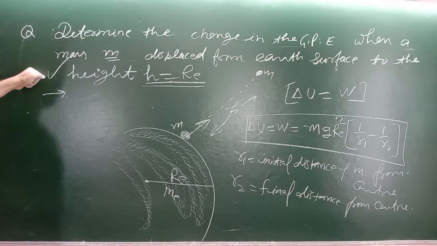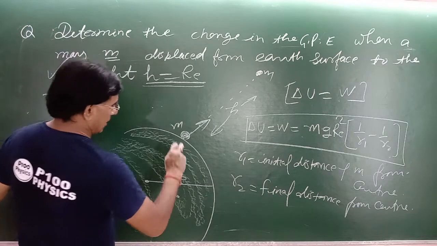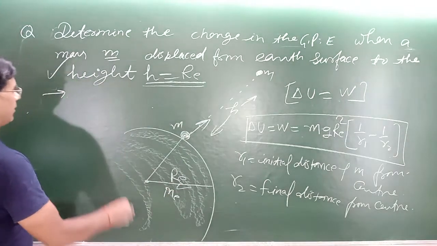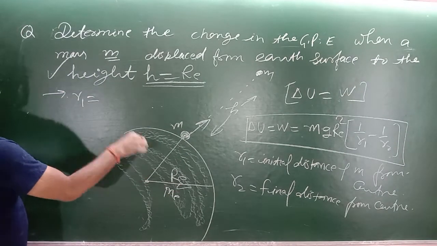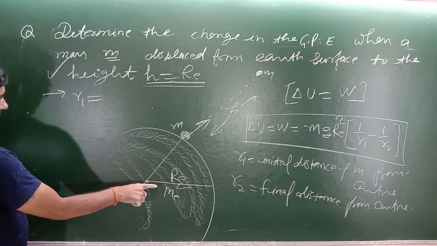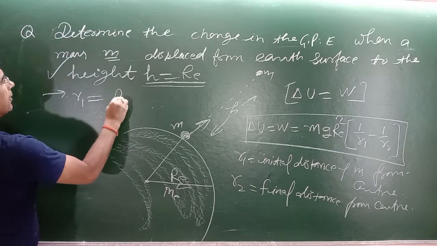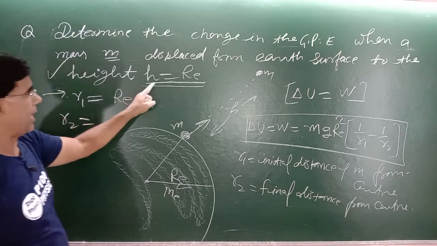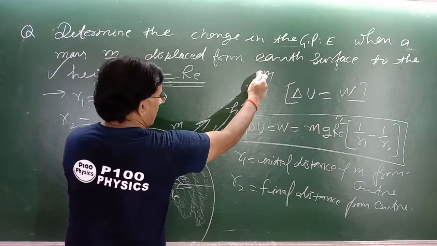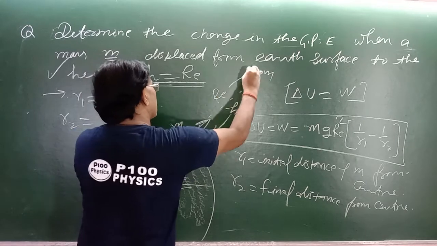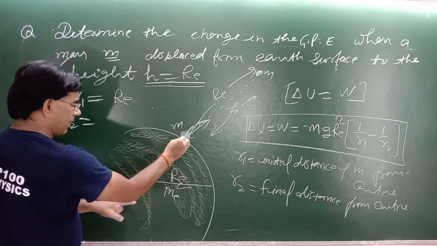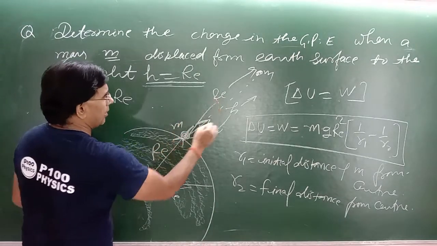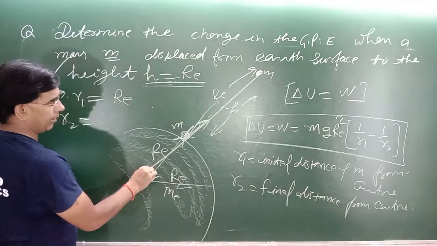Very fantastic. In your question, what is given? The initial distance from the center is equal to the radius. Therefore, it is clear from the figure, R1 equal to RE, and R2 will be how much? Since h equal to RE, this is RE and this is another RE, so RE plus RE equal to 2 RE.